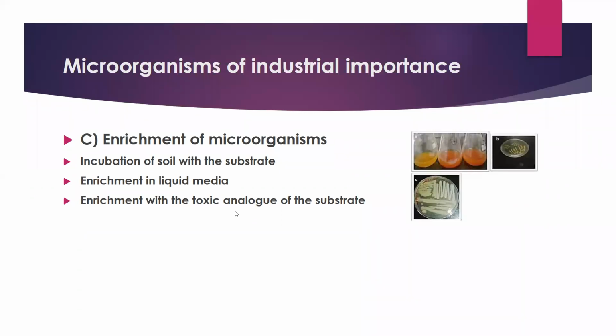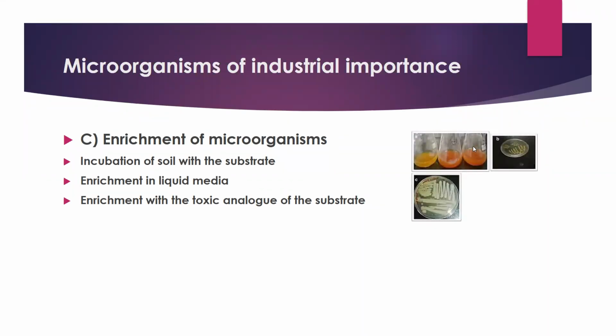So whenever we add the toxic analog and we inoculate the environmental sample into the flask, the desired category of microorganism would start dying because the analog is toxic, right? So the desired category microorganisms would start dying.